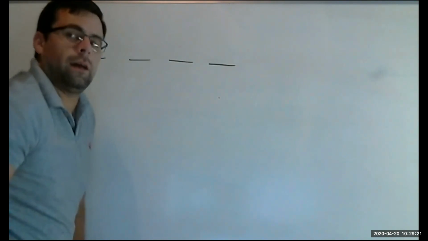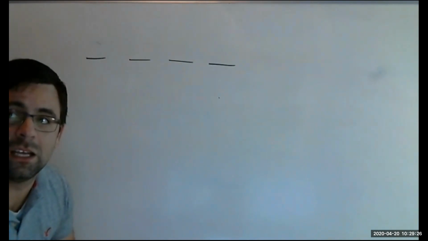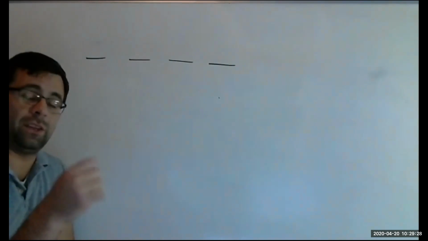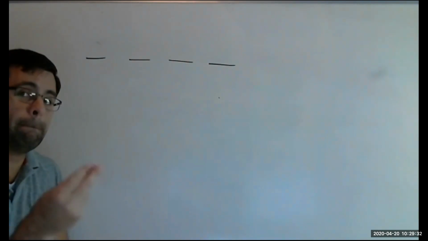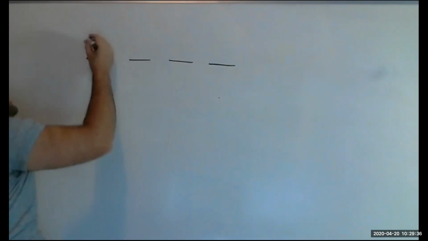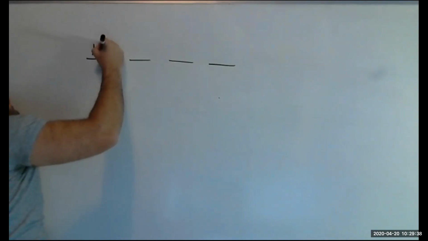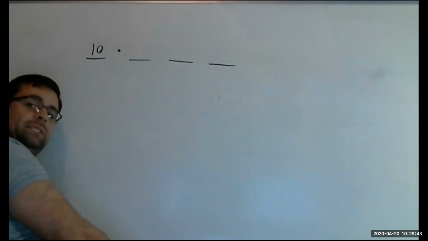Not 9. If you had the numbers 1, 2, 3, 4, 5, 6, 7, 8, 9, then there would be 9. 10, yeah, because poor little 0 gets forgotten every time. So, first position, we have 10 options.